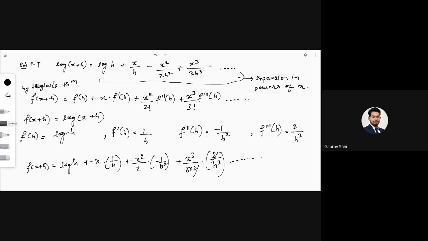Example number 2. Expand log of tan of pi by 4 plus x in ascending powers of x.